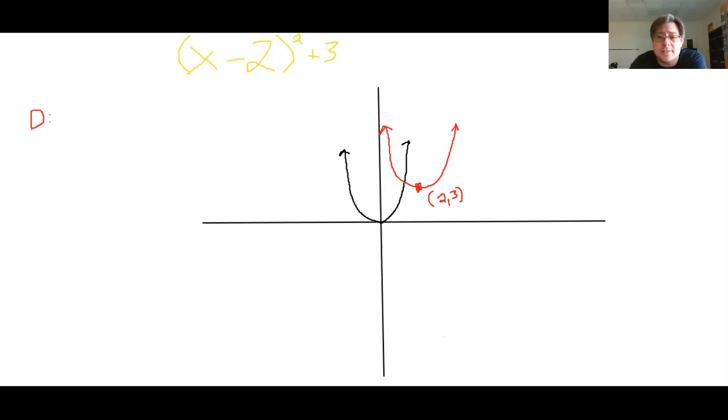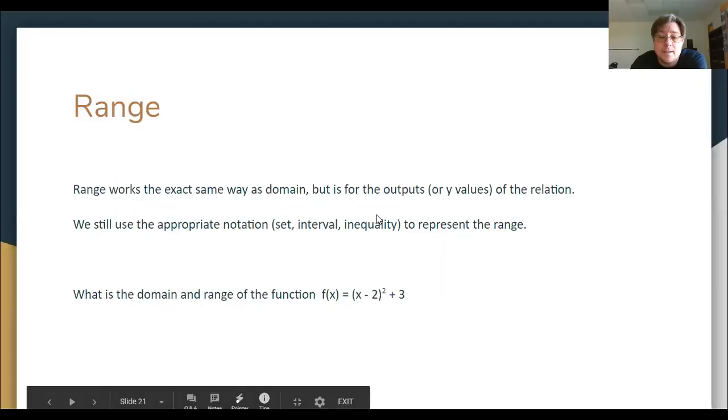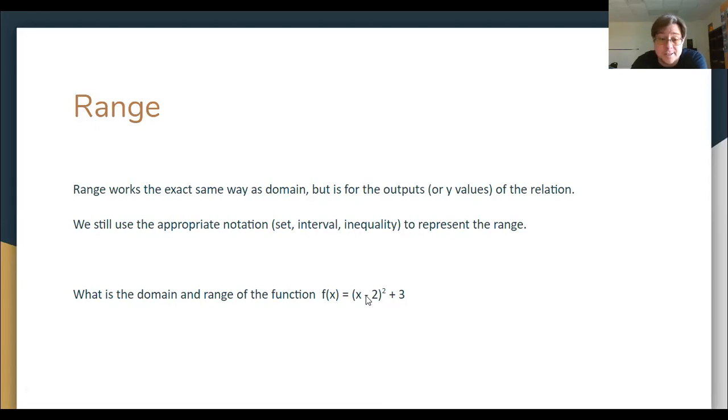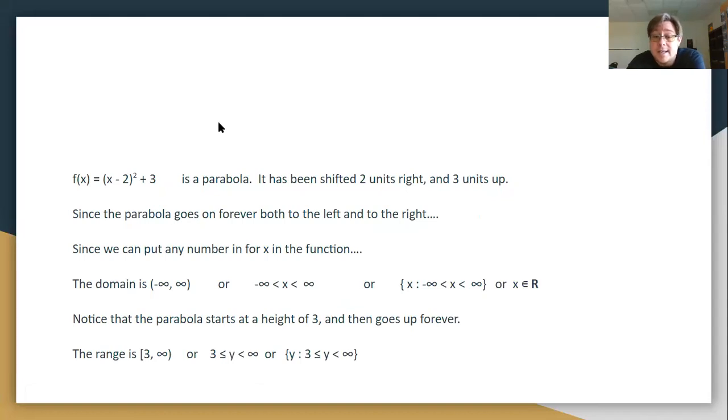So let's take a look at what we would get for this. If we take the domain and range of f of x equals x minus 2 squared plus 3, again, it's a parabola. It's been shifted 2 units right, 3 units up.